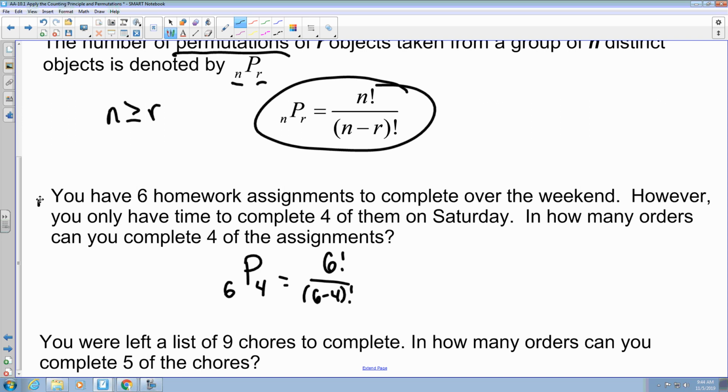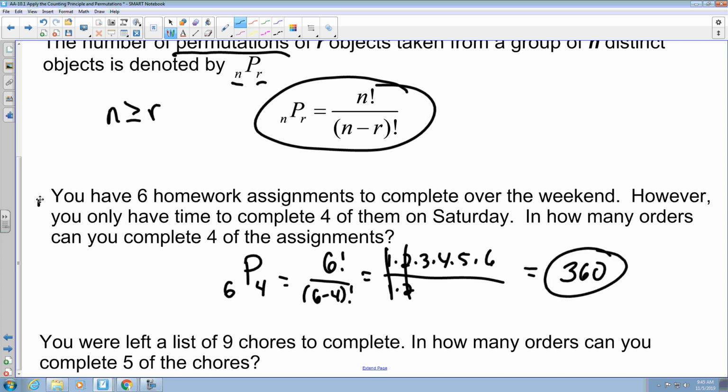What I usually do is expand it: 1 times 2 times 3 times 4 times 5 times 6 over 6 minus 4, which is 2, so 1 times 2. These cancel out to 1, so all I have to do is multiply 3 times 4 times 5 times 6, which gets us 360 possible outcomes.